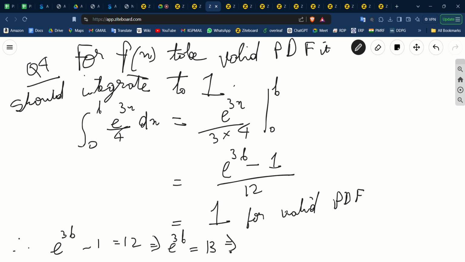If we take ln, 3b equals ln 13. So b is 1/3 of ln 13. That is the final answer, 1/3 of ln 13. No need to evaluate it to decimals because the answer is in ln format.